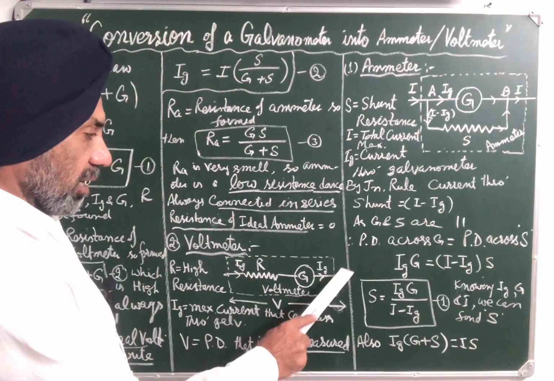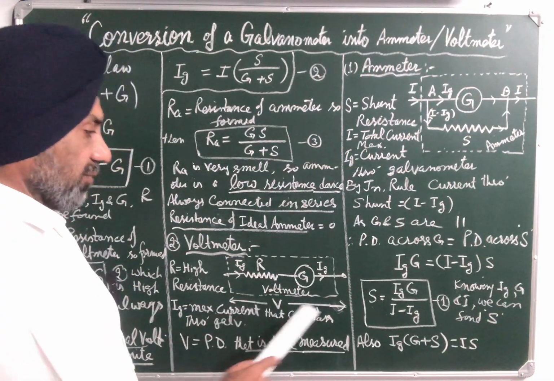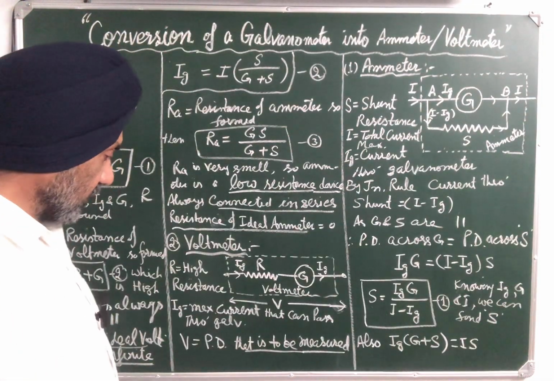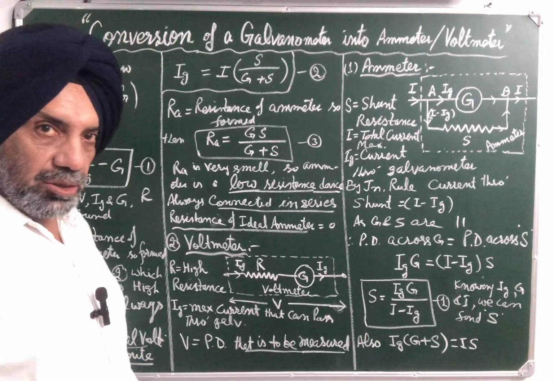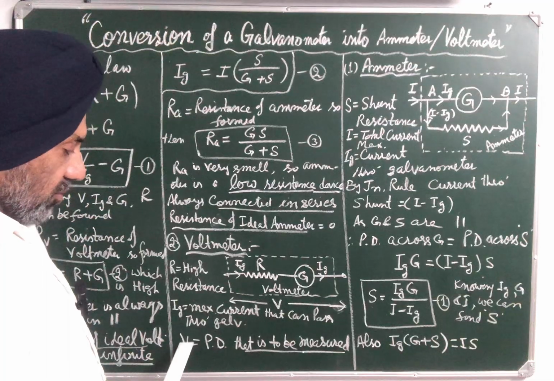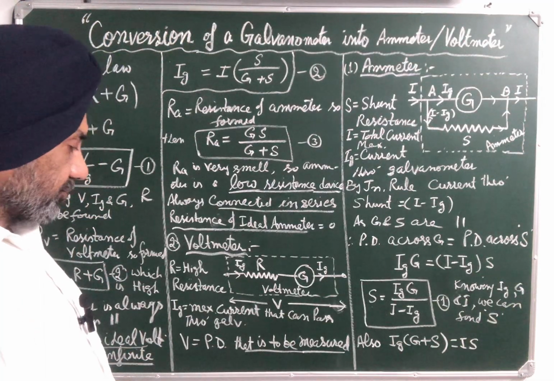So Ig is the current that can pass through the galvanometer. V is the potential difference that is to be measured. So R is high. Again, Ig is the maximum current that can pass through the galvanometer. Then V is the potential difference that is to be measured.